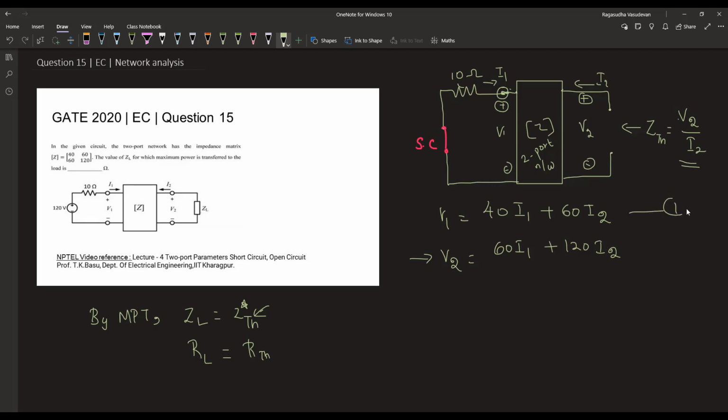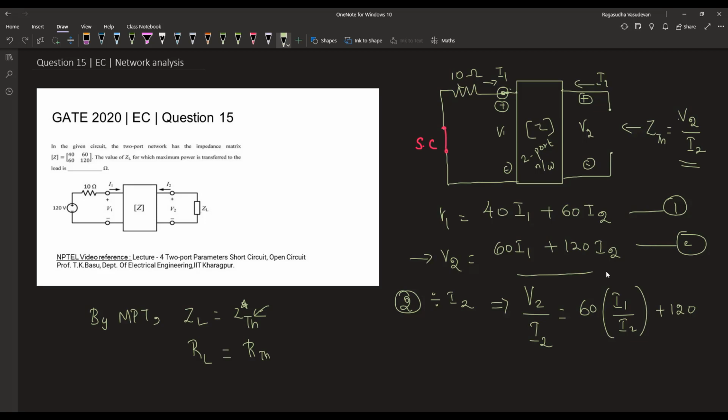Let me mark this as equation 1 and equation 2. This implies that V2 by I2 will be 60 into I1 by I2 plus 120. We do not know the values of I1 and I2, so let us park this aside and find out the value of I1 in terms of I2 or vice versa.